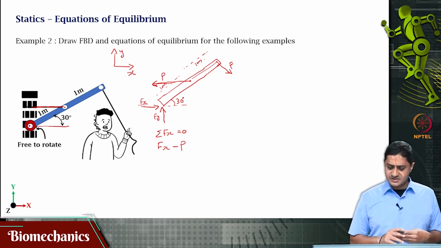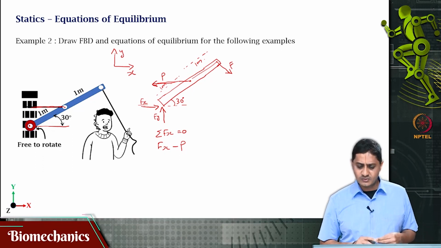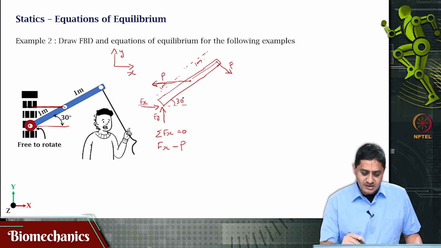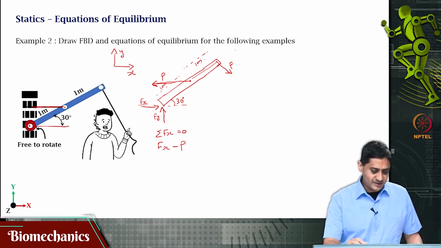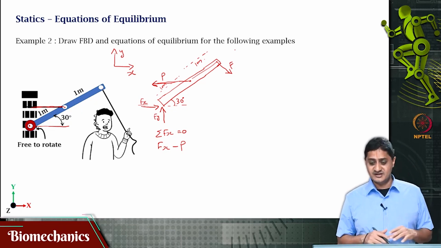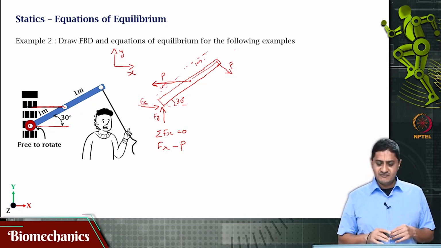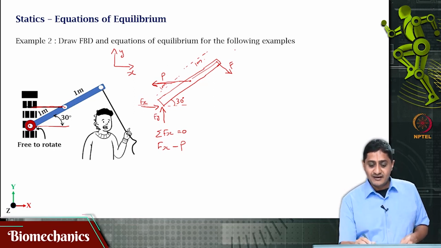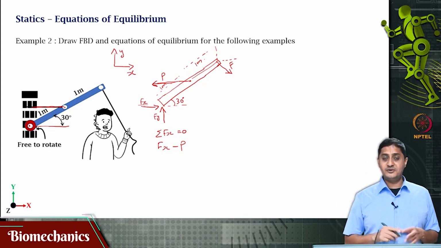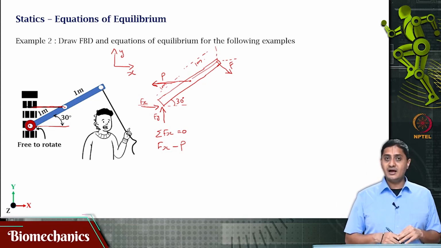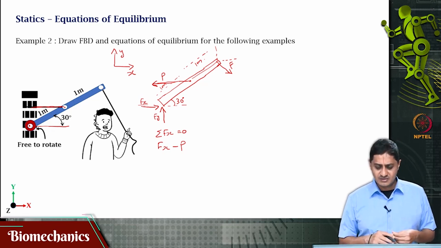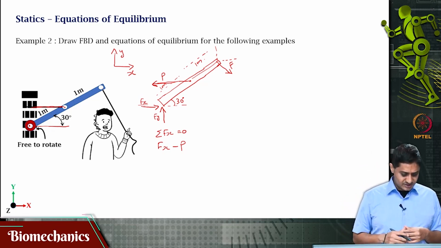Are we done? Can we simply say equal to 0? The answer is no. Why not? Because it turns out that this force that is being applied by this person, which I am calling F, not Fx, simply F, will have both an x component and a y component. There will be two components to this, and right now I do not have a clear idea of what these components are, but I can compute this. How can I compute this?